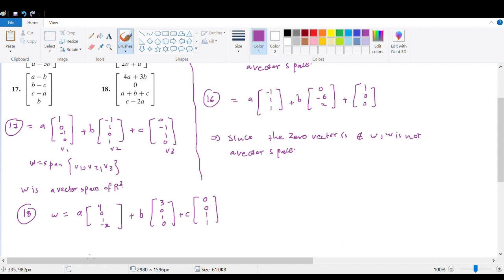So W is equal to the span of V1, V2, V3. And similarly, it is a vector space, a subspace of R3.